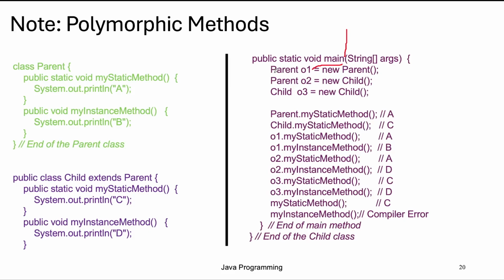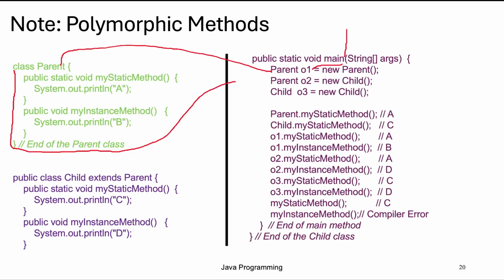So here what happens? It will go to parent. Since there are no global variables or constructors, it simply comes down, creates the object O1 and then visits the second line.